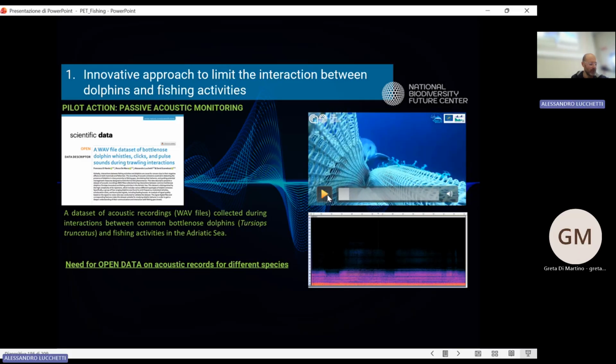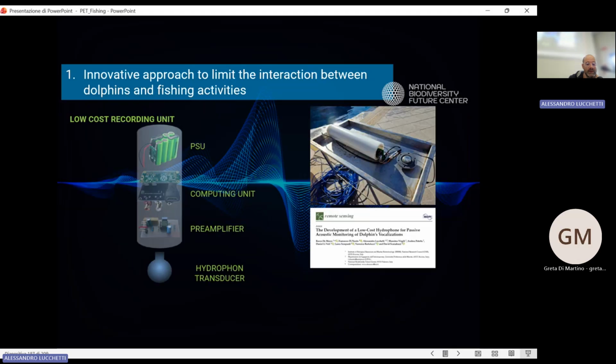And we had to develop this step by step, every single component. I don't know if some of you are familiar with neural networks and artificial intelligence, but one of the main problems is to instruct the machine with a lot of data.